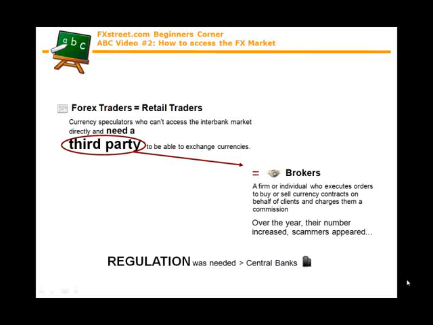A broker is usually a firm or individual who executes orders to buy or sell currency contracts on behalf of clients and, of course, charges them a commission. As retail trading grows exponentially, so do brokers. Over the years, scams have doubled the number of reliable brokers, and since the 2007 crisis in the United States of America, regulations and control have been tightening up across the world.